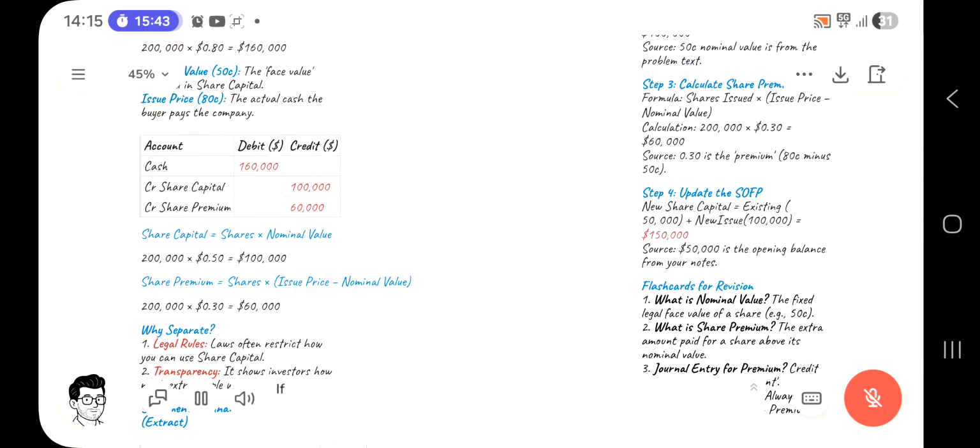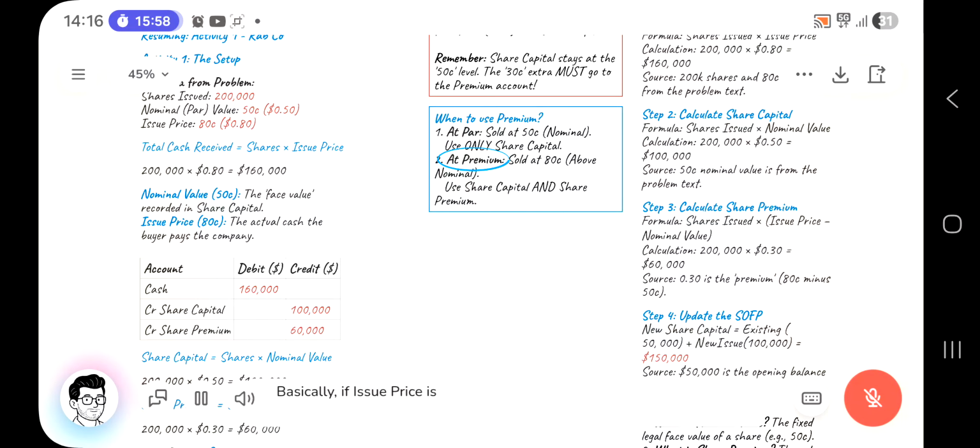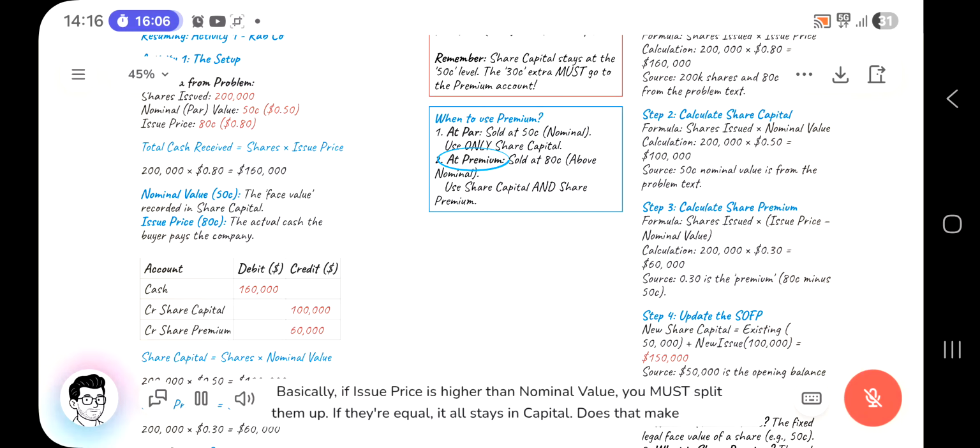If the company sold those 50-cent shares for exactly 50 cents, you would just put everything into share capital and skip the premium account entirely. Basically, if issue price is higher than nominal value, you must split them up. If they're equal, it all stays in capital. Does that make sense?